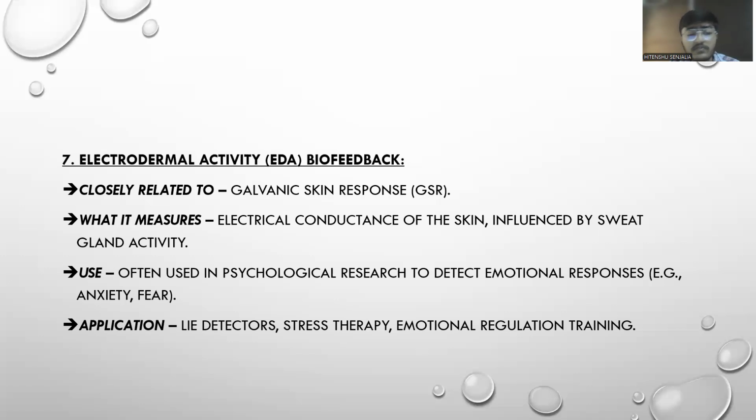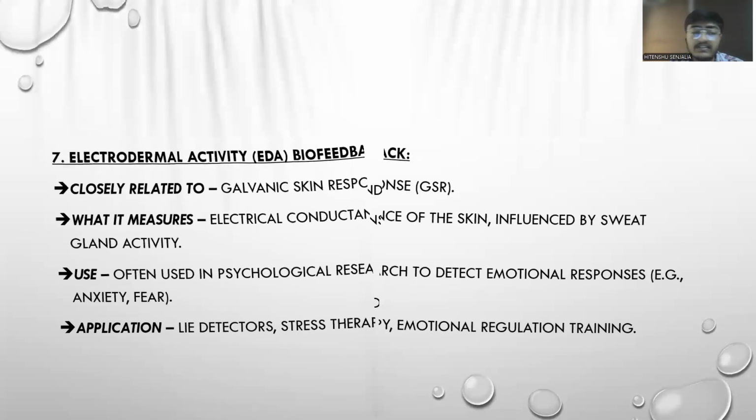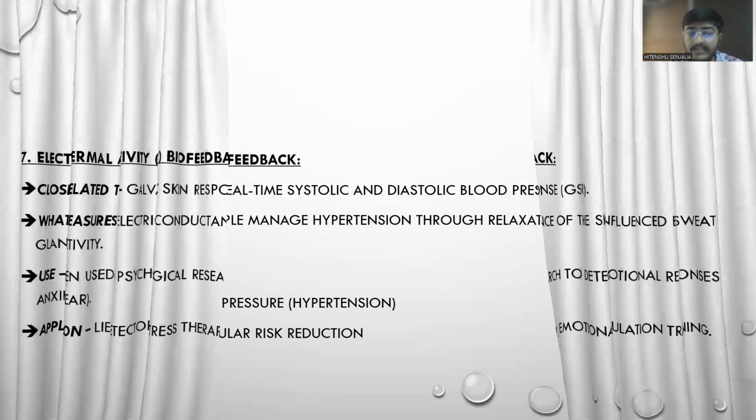It is used in physiological research to detect emotional response. As I said for galvanic skin response, this biofeedback is used for the same activities but in a different manner. It is also applied in lie detectors, stress therapy, and emotional regulation training.